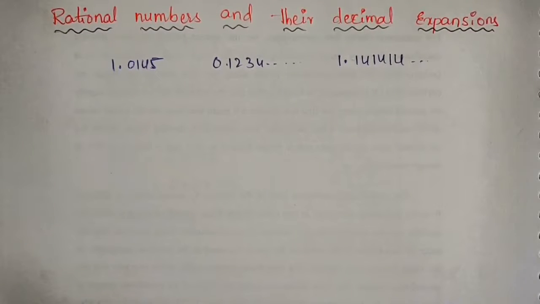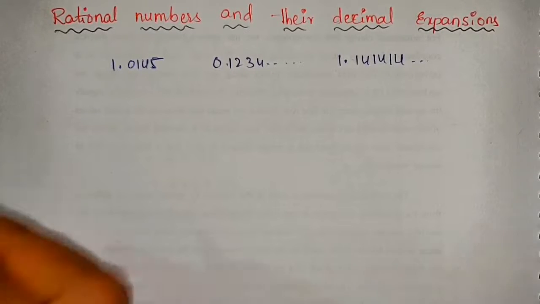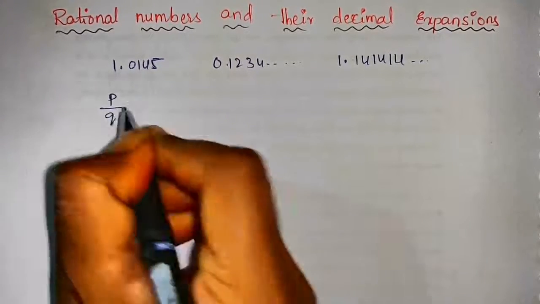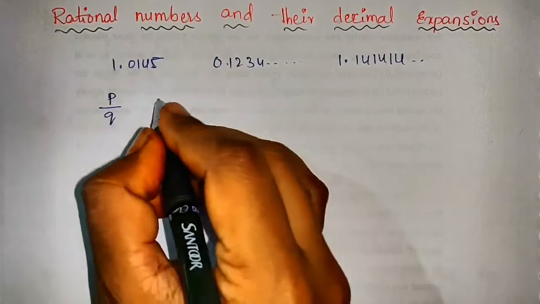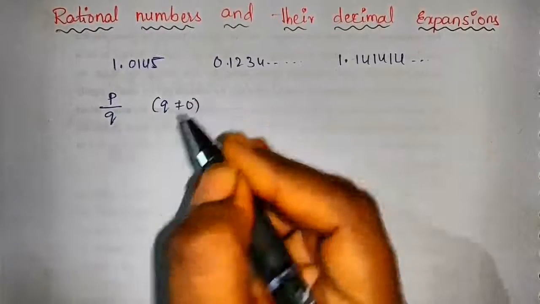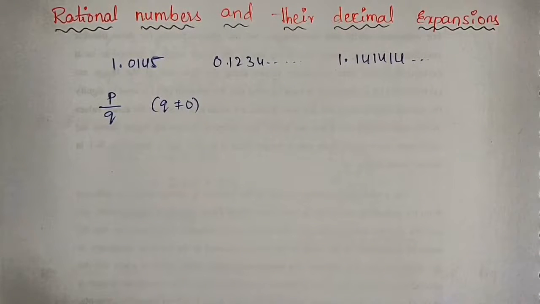We are going to consider a rational number. Let us take the p by q form, where q should not be equal to 0. Already we know, if it is equal to 0, it won't be a fraction.